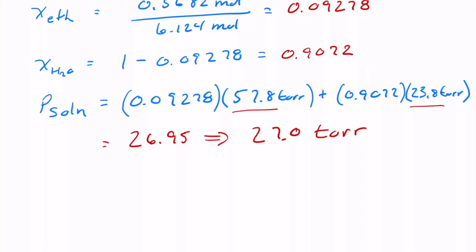So this is a good check when you're doing this kind of calculation on the homework or an exam. If you have more of one component in solution, then there's a good chance that the vapor pressure of the solution will be closer to the vapor pressure of the pure component that is in the greatest proportion.